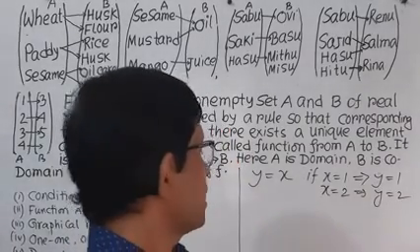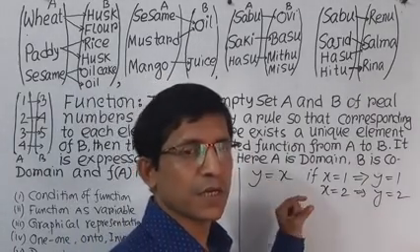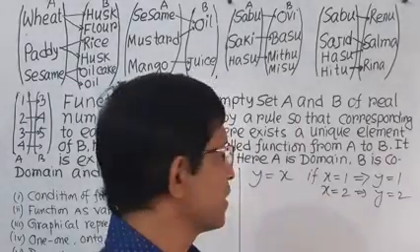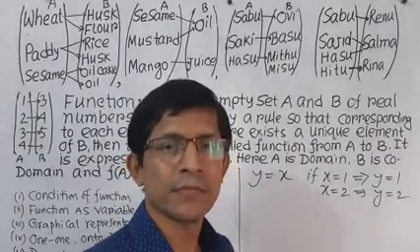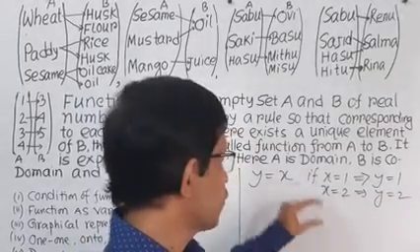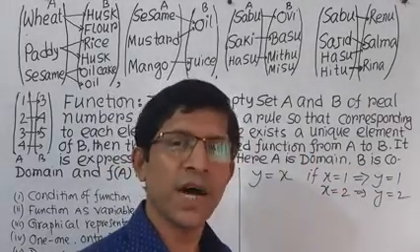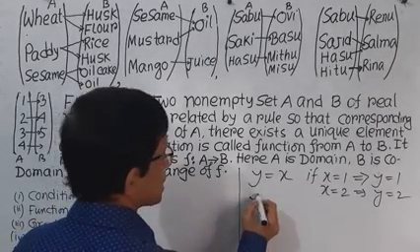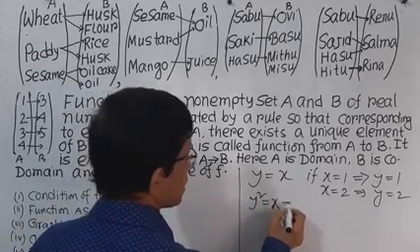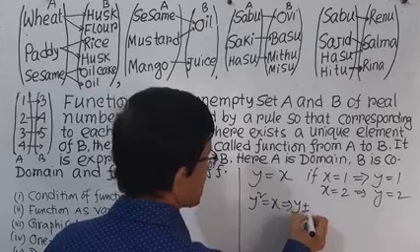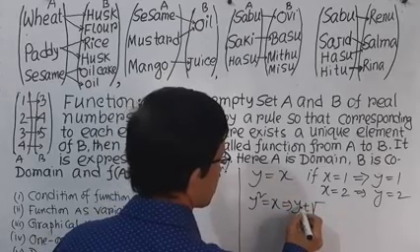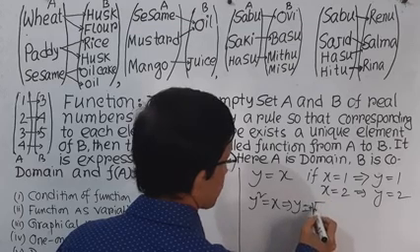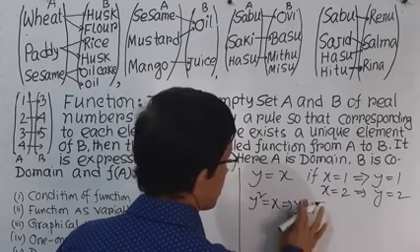So if you put each value of x, you will get one unique value of y. Okay? So this relation is a function. On the other hand, take another relation, y square equal to x. That means y equal to plus minus root x.